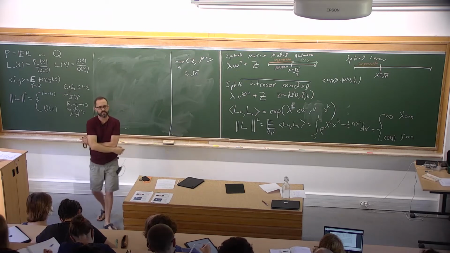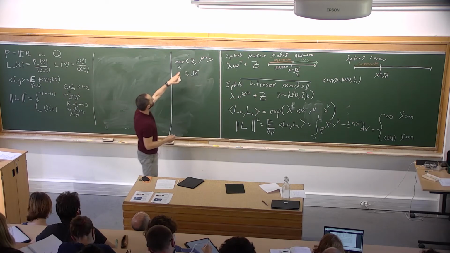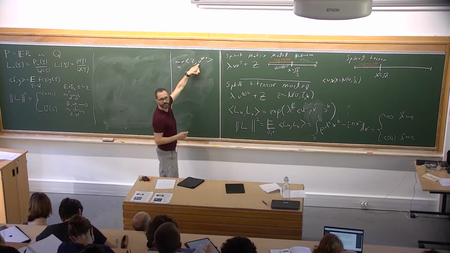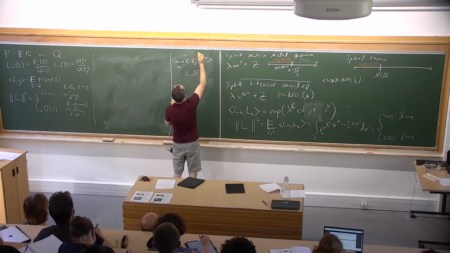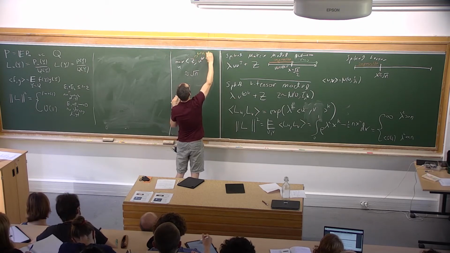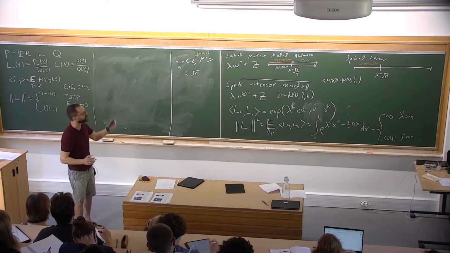And the way to think about it is the following: for every fixed unit vector u, this is a standard normal, because Z is a standard normal vector and u tensor k is also a unit vector.